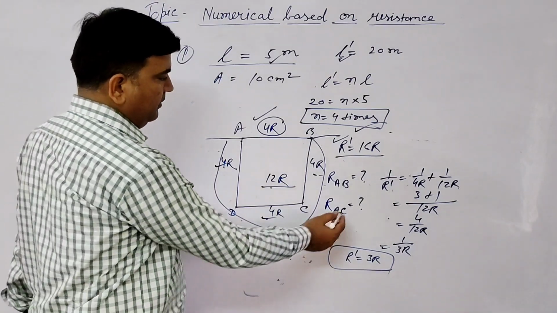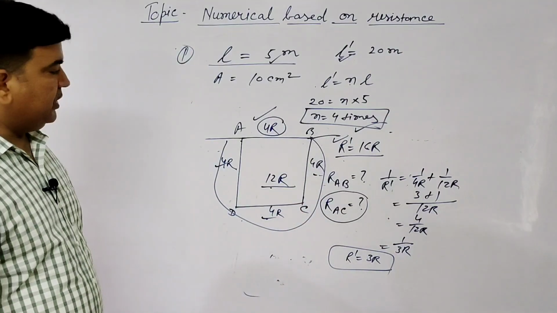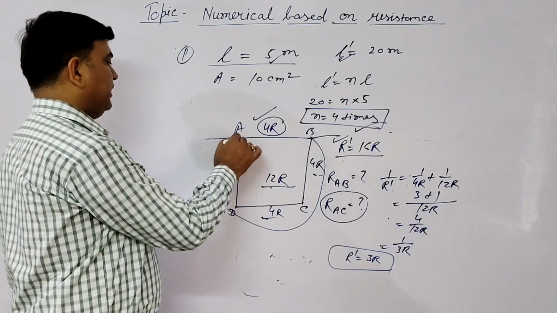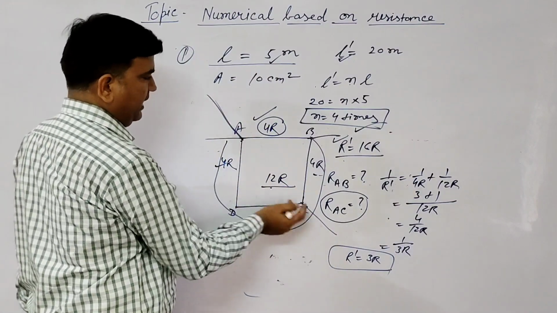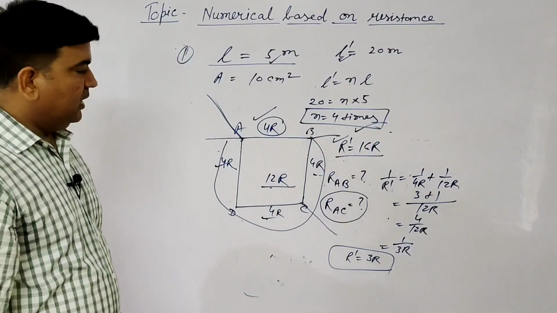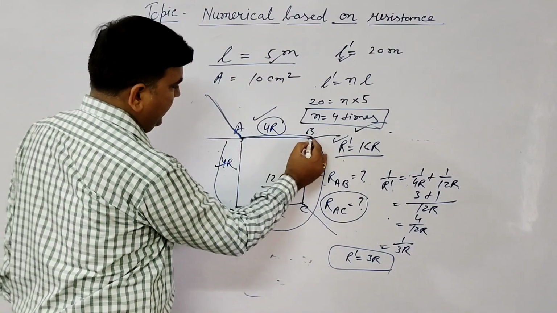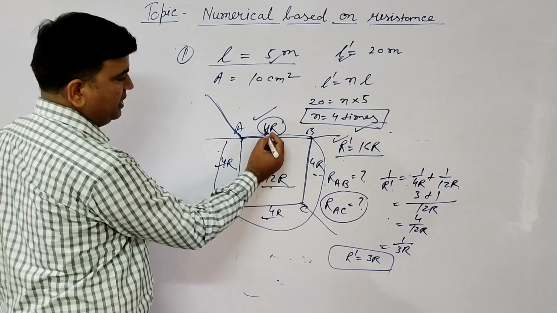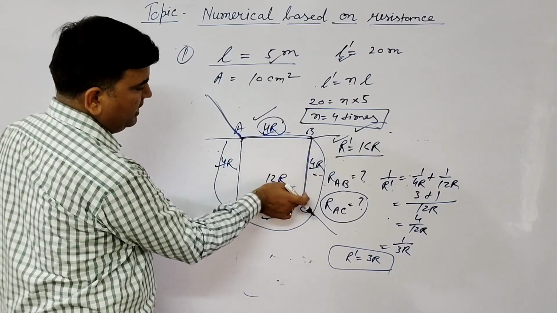Children, now if we find the equivalent resistance across any diagonal, how can we find it? Take the diagonal AC, across the points A and C, or across the points B and D. So children, across the points A and C, you see AB plus BC, these are 2 resistances joined in series. So 4R plus 4R are joined in series.